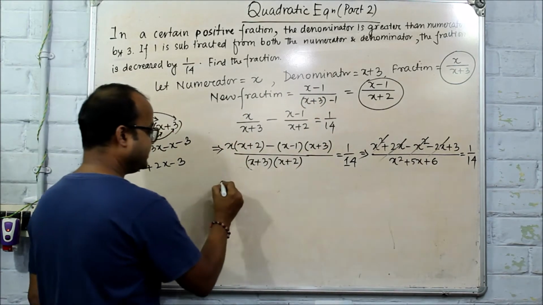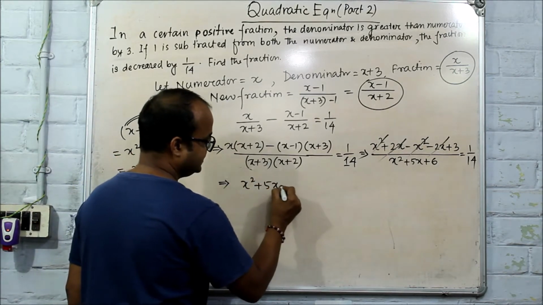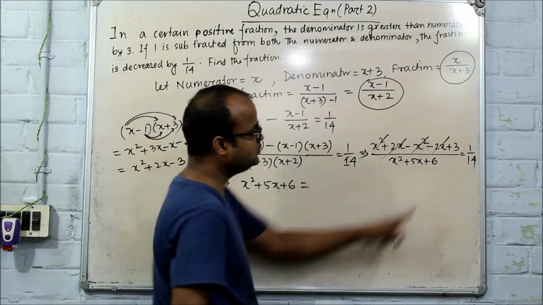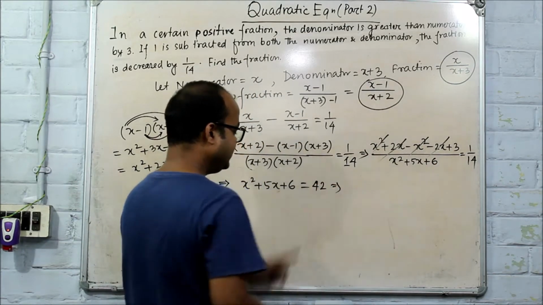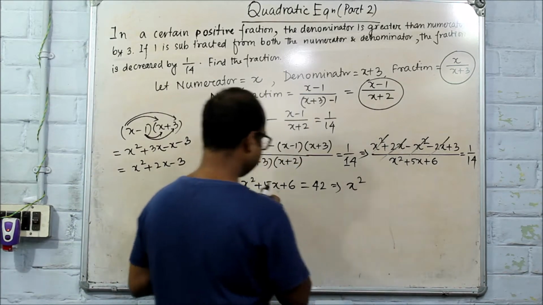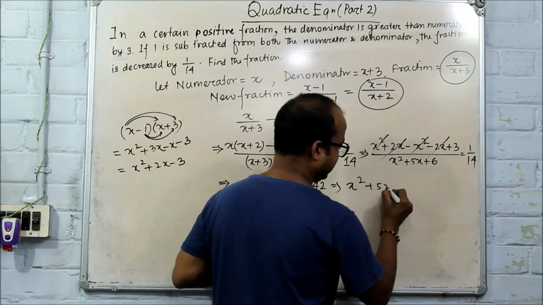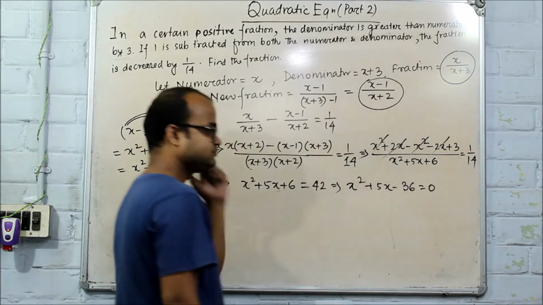Now if you apply cross multiplication, you will get x square plus 5x plus 6 is equal to 14 into 3, 42. Now take 42 to this side to express this in the standard form. So x square plus 5x minus 36 is equal to 0.